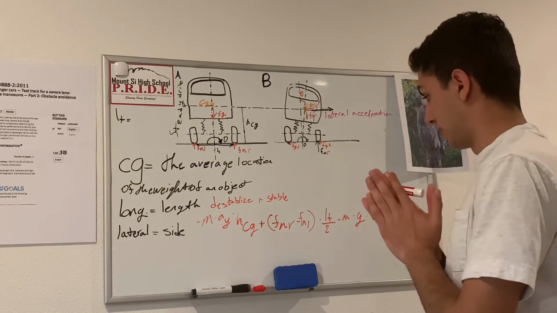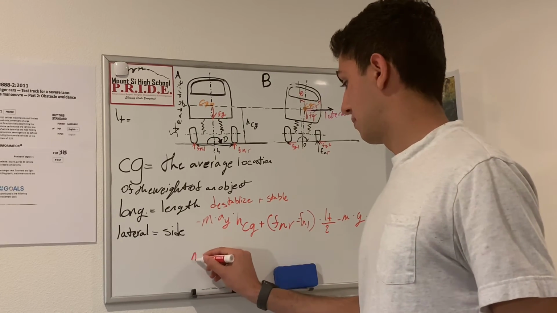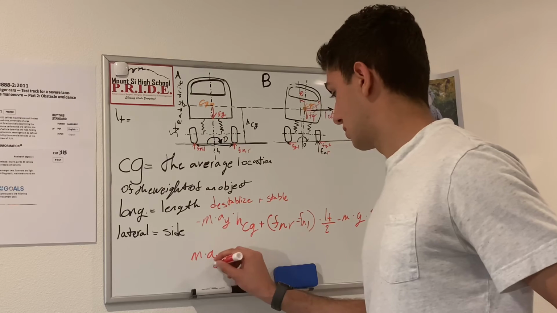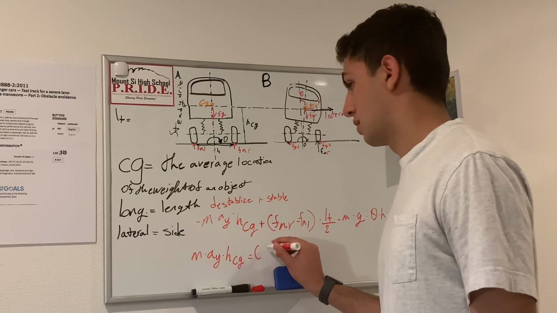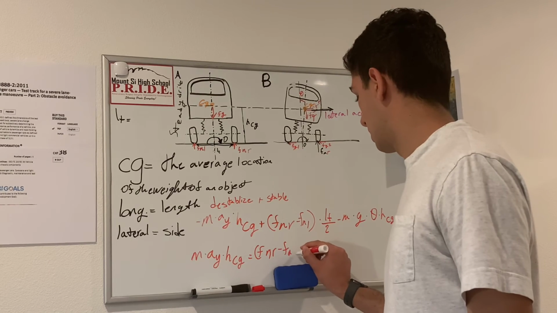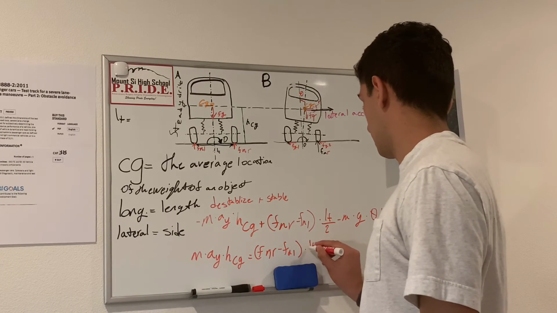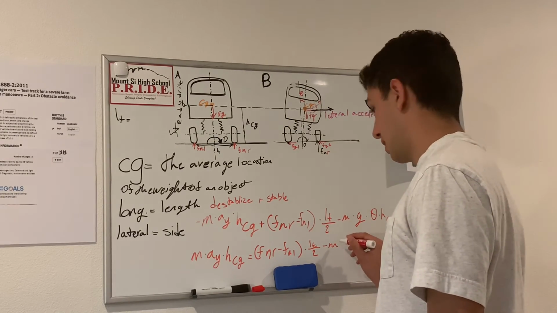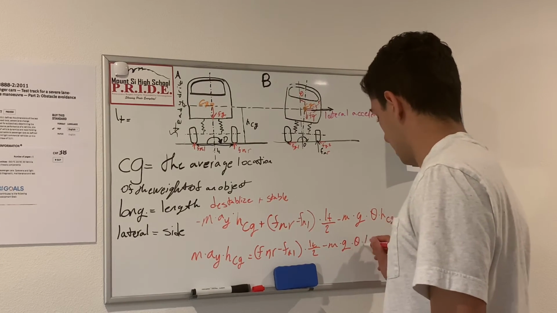And then finally, we can put this on its side and just say M times AY times HCG equals normal force R minus F normal L times LT over 2 minus M times G times theta times HCG.